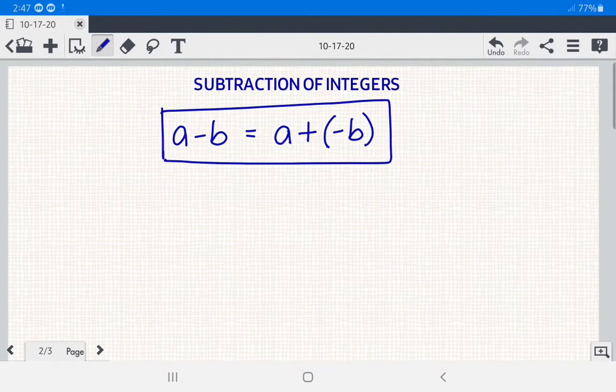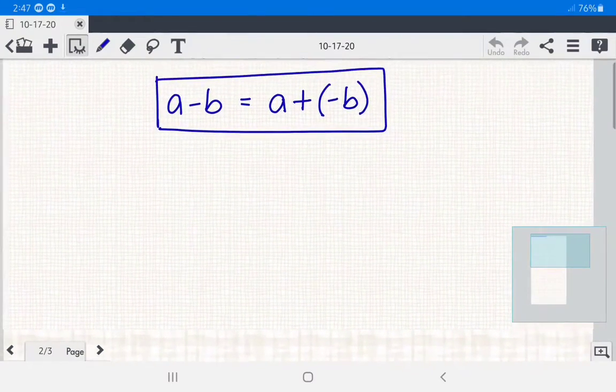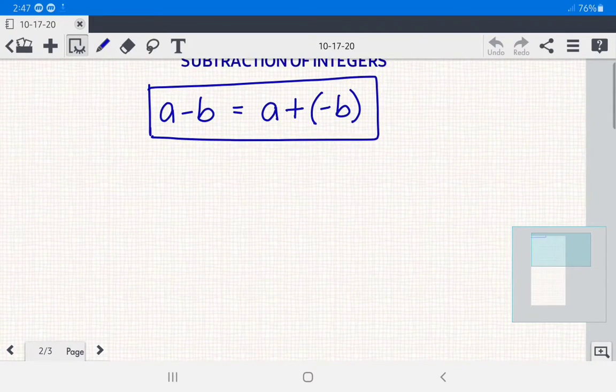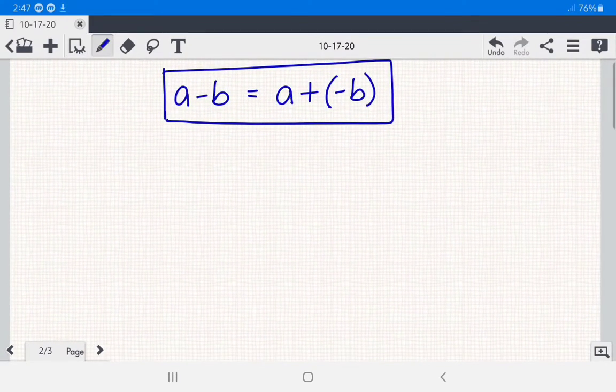So let us have an example. Let's say we have same signs. Let us now subtract integers with the same sign. Let's say 40 minus 10. Automatically, you know that is 30, right?